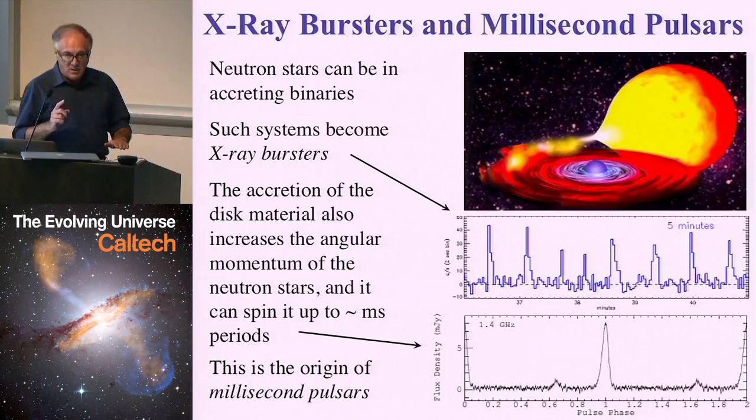So the neutron star soaks up not just the mass, but also the angular momentum and spins up. And it turns out you can do this in some circumstances to speed them up to about millisecond period, which is phenomenal. So that then became a whole new industry of precise pulsar timing, because it's an even more precise clock with a shorter period.